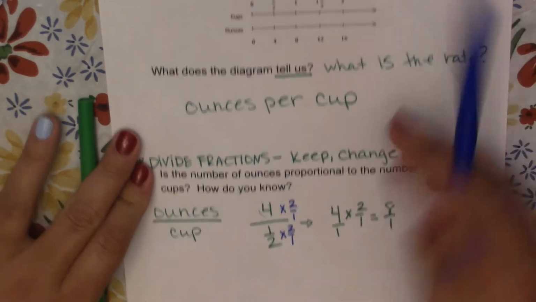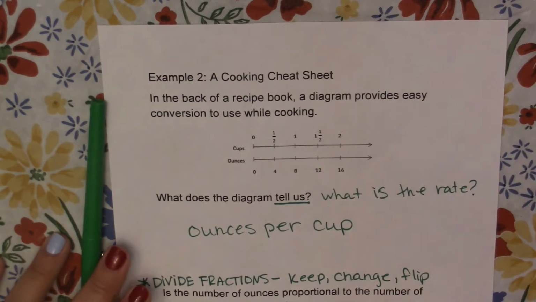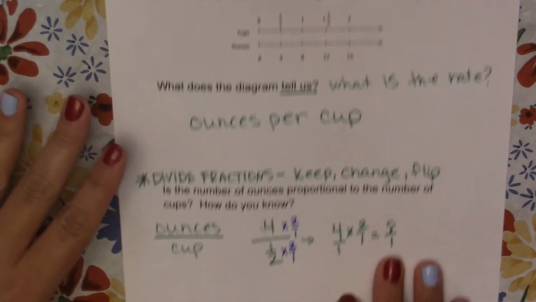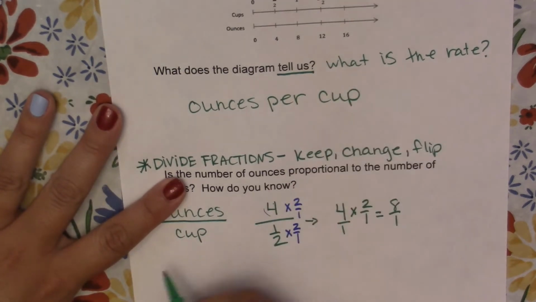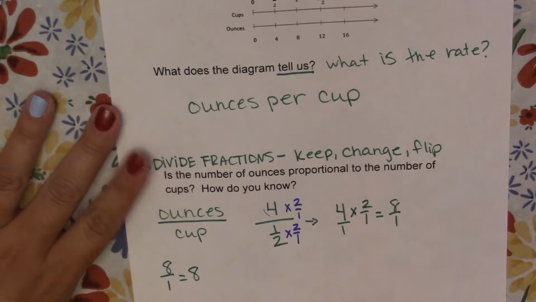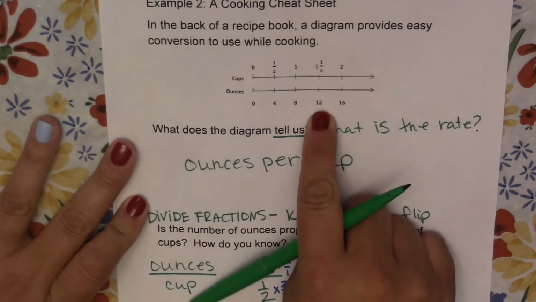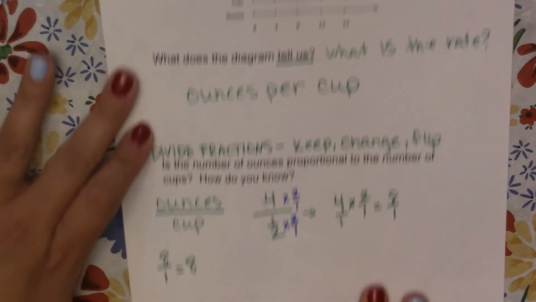So let's take our next part right here, and let's work it. All right, so we had 8 ounces per 1 cup, which would simplify down to 8. All right, here we have 12 and 1.5.